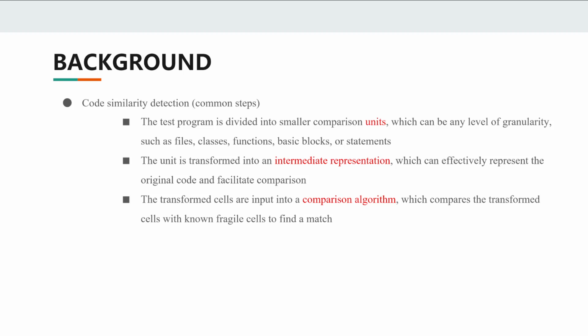This can effectively represent the original code and facilitate comparison. The third step is to input the converted unit into a comparison algorithm. We compare the converted unit with the known vulnerable unit and output the code with high similarity.